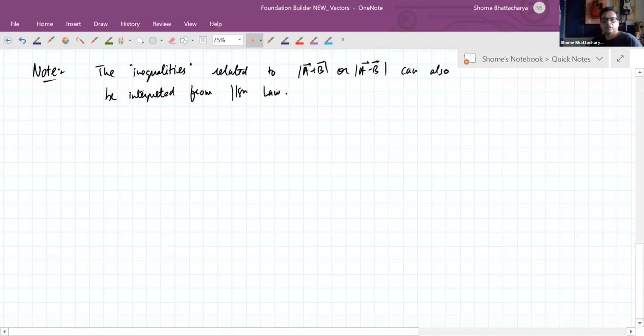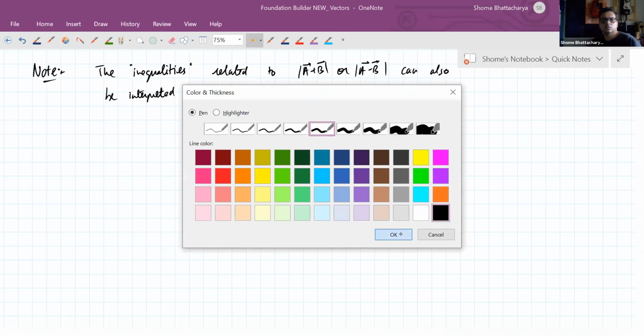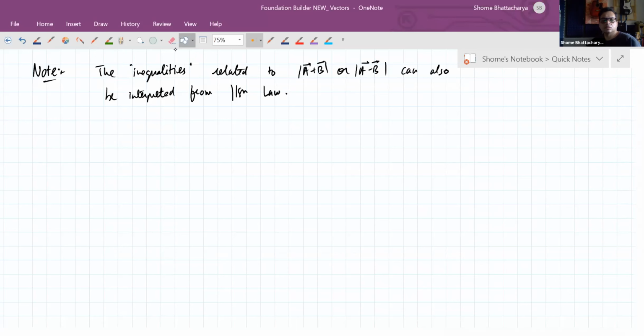So let us see three cases of vector parallelograms. One is the case where the two vectors we are considering are perpendicular to each other. The case we just saw.